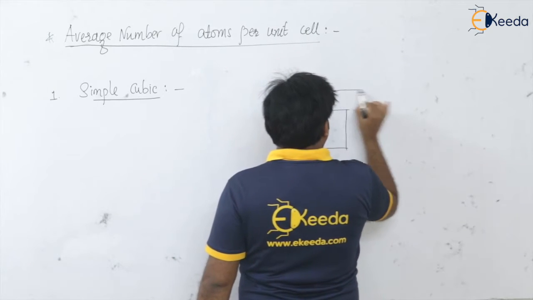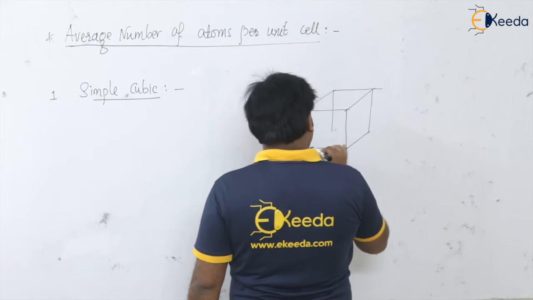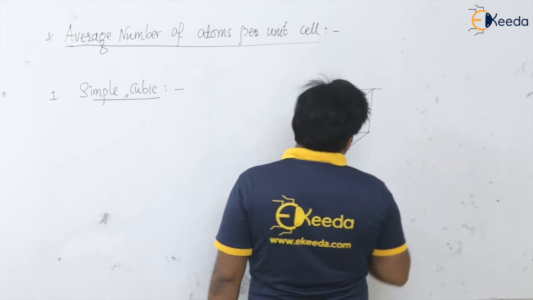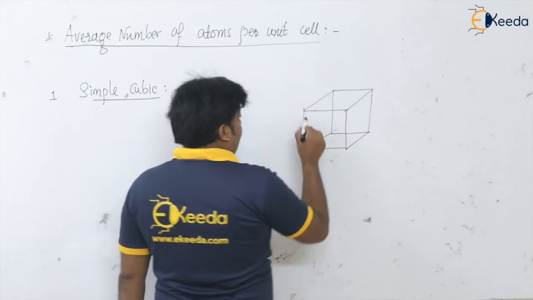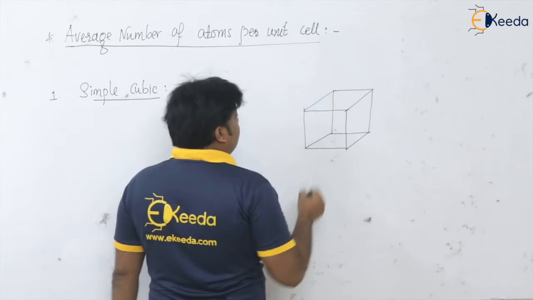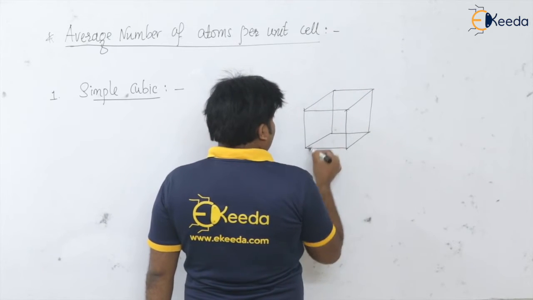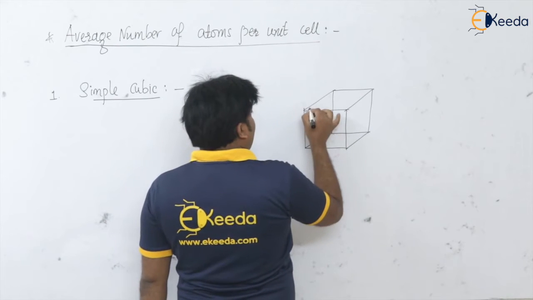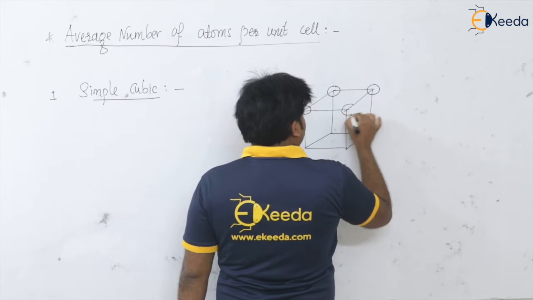We will create the formula for that, how to get the value of this average number of atoms. So see here, for this cube we are having the 8 corners, 1, 2, 3, 4, 5, 6, 7, 8. So at each corner we are having these 8 atoms.